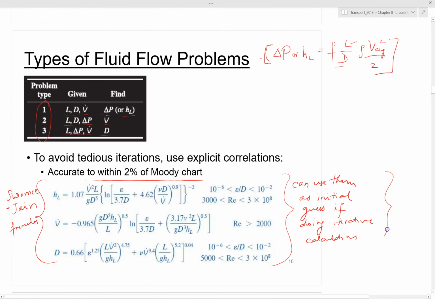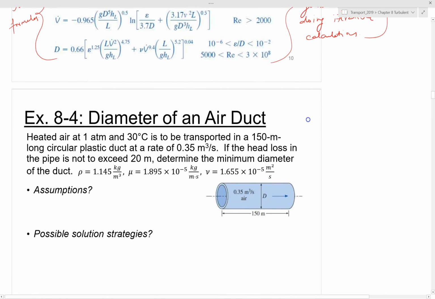The other way is typically you can pretty much start from this analytical form of expression and then calculate F, E over D and other things. You can lay it down using the Colebrook equation or the other empirical equations, and then solve them using a solver. So we will see that in this example.